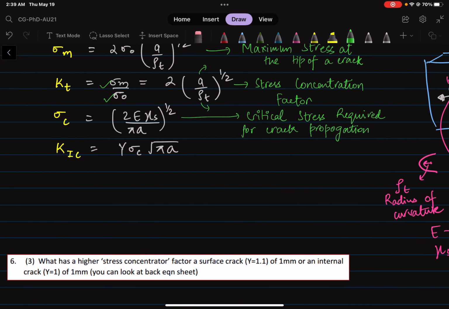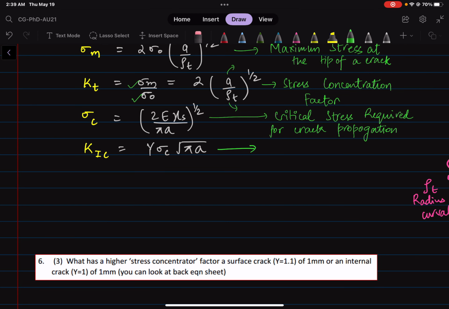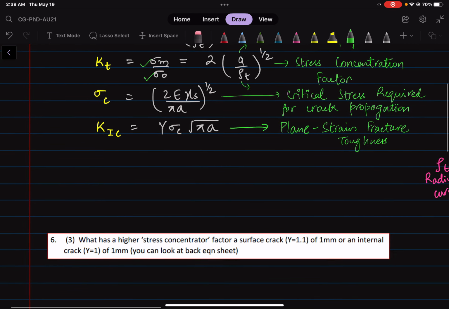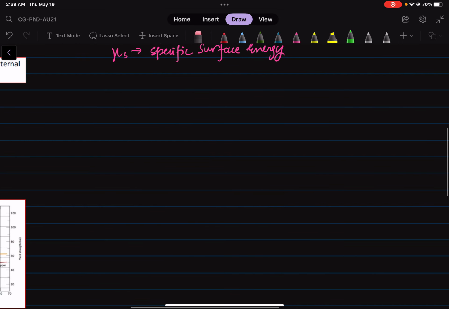And then further you have the last term K1C, which you can refer to as the plane strain fracture toughness. Now when you have a fracture, that can happen in three different modes. So fracture modes. So you have mode, and they're written in Roman numerals.